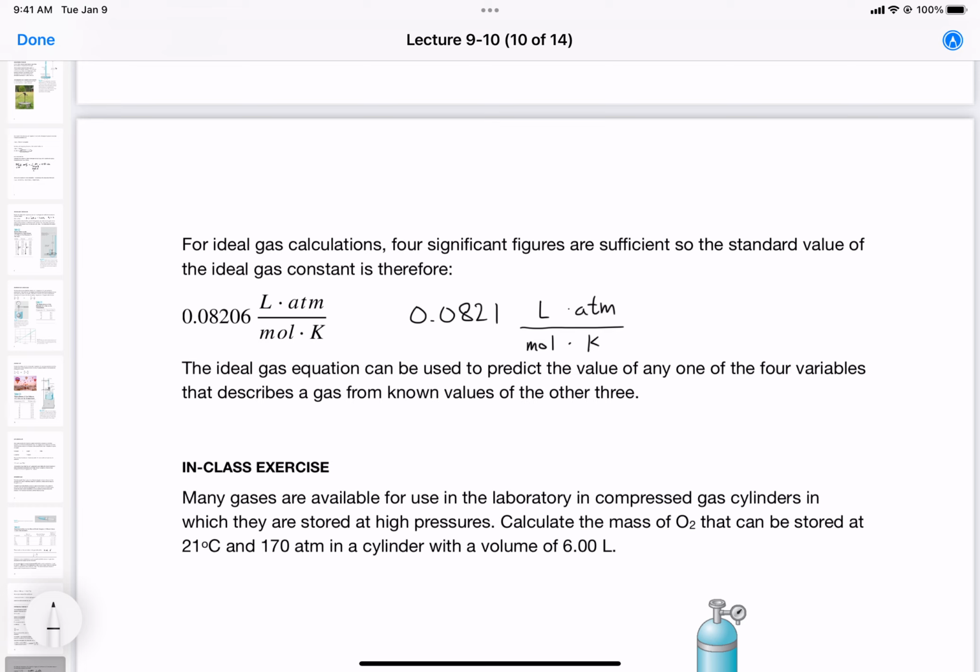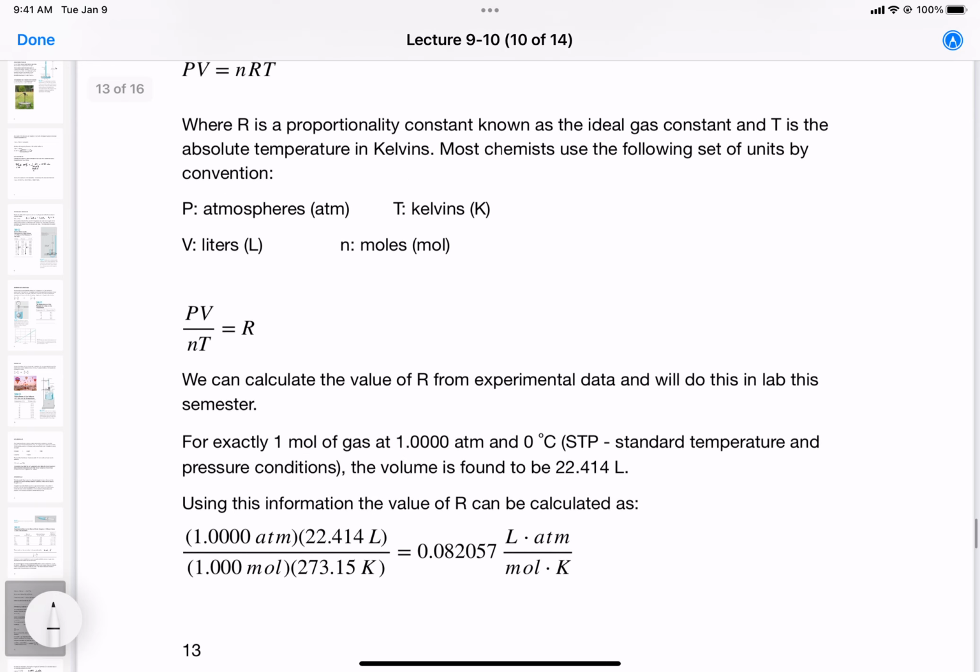Okay. So we can actually use this equation now to predict any value if we know the other 3, because we know R, since it's a constant, right? So we can predict any unknown variable given the initial conditions. We don't have to keep anything constant. That's more like how we do a chemical reaction, right?